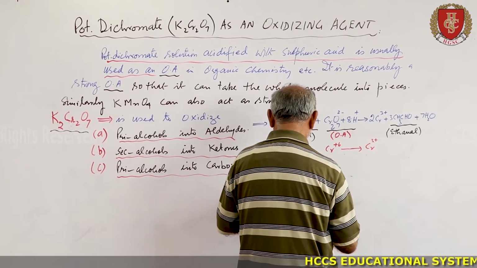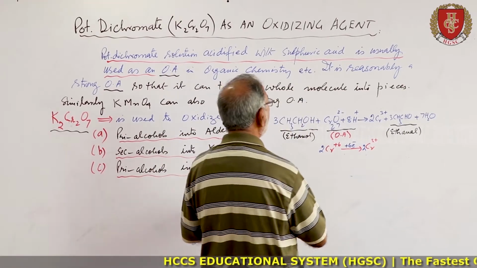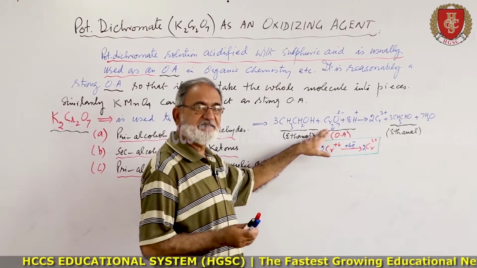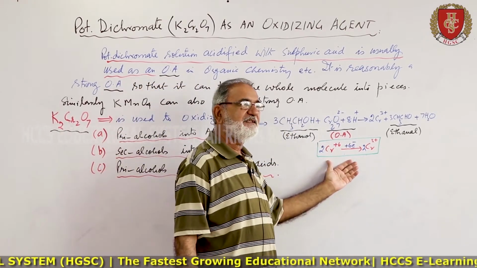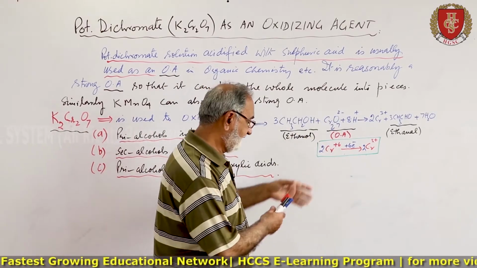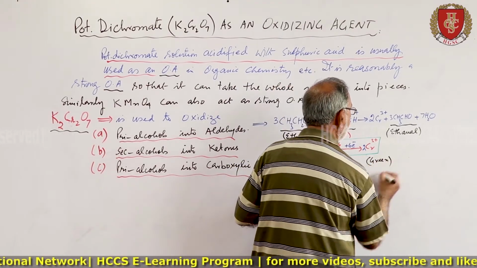So here itself it is going to reduce. An oxidizing agent in fact oxidizes others but itself is reduced, and this is shown by the change in color, that is the orange color is changed into green.